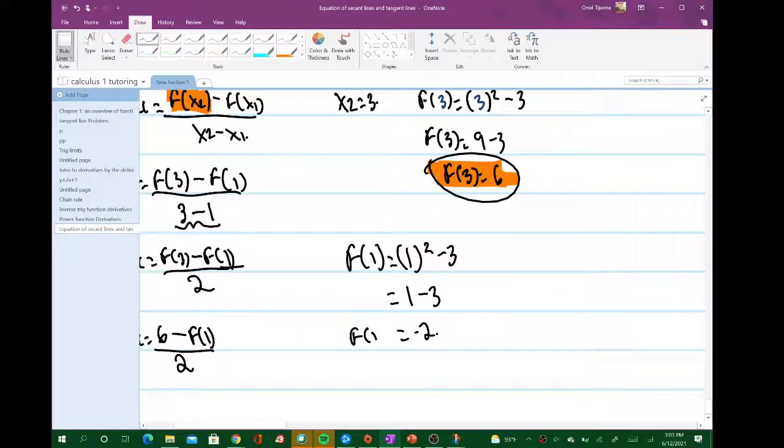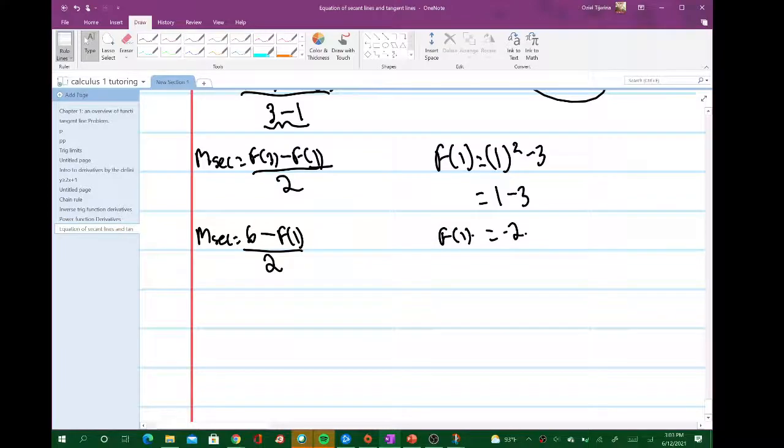So that's what f of 1 is. And let me color code that. So obviously we know that f of 3 is 6, and f of 1 is going to be negative 2, right?